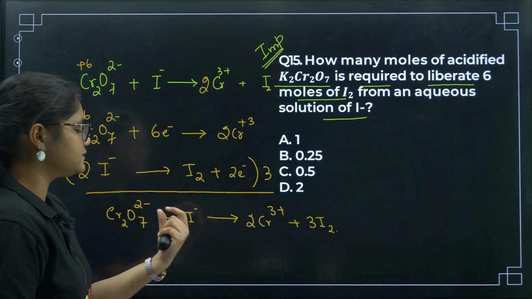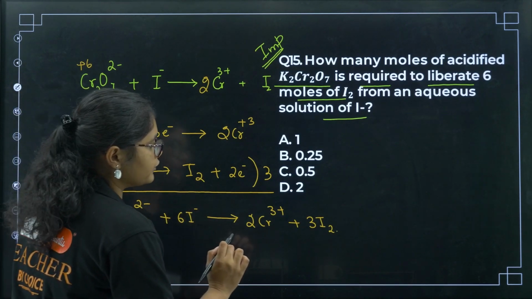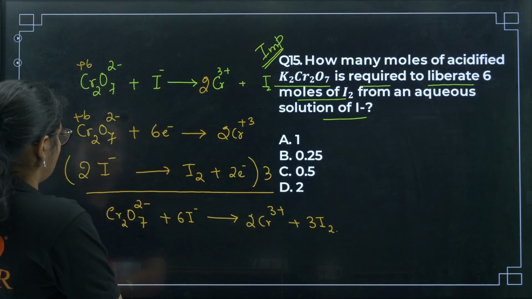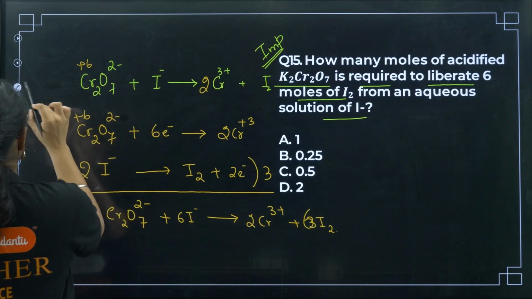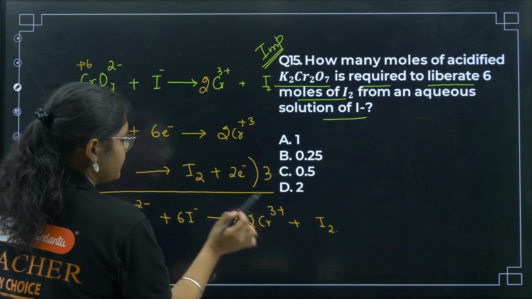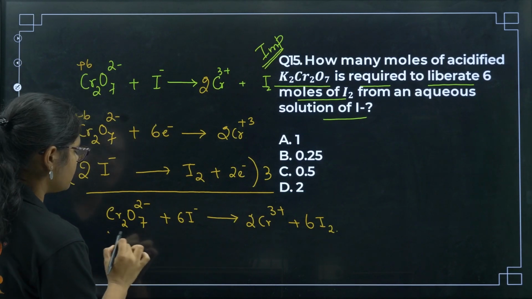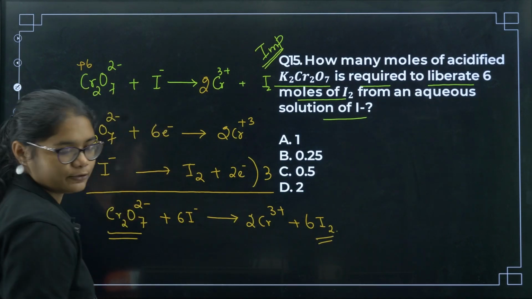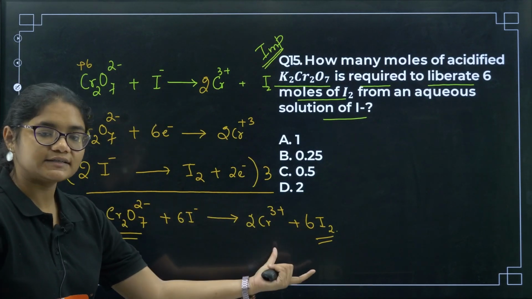Now according to this, for this reaction it will be 6I2, sorry, and you can see 1 mole of Cr2O7 is required to produce 6 moles of I2.